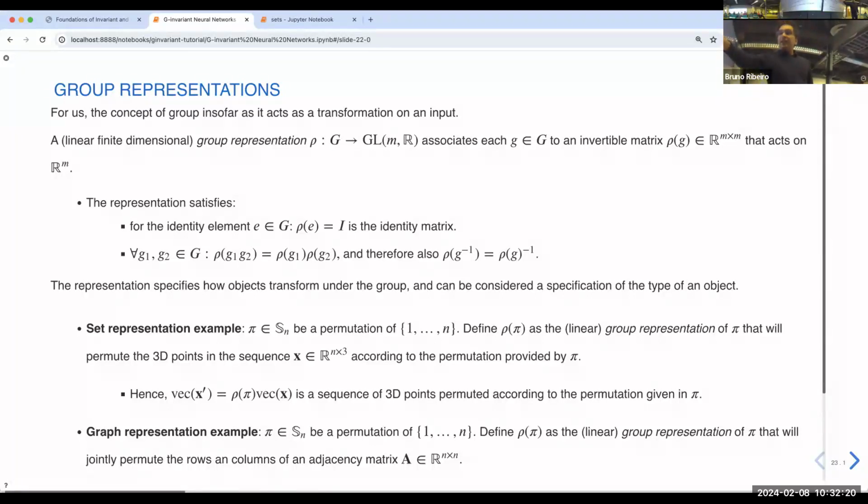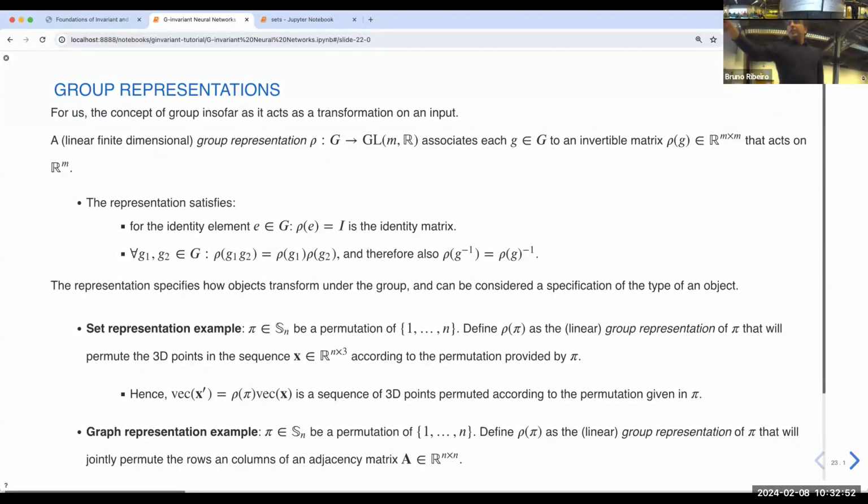Since it's a group, this is an element in the group, so this is a representation of an element in the group. But it's the same as applying first the representation of G2, meaning I get the tensor and permute it first, and then I apply the permutation of G1. I get the result and then apply another permutation, okay? So this will essentially be permutation matrices for a permutation group.